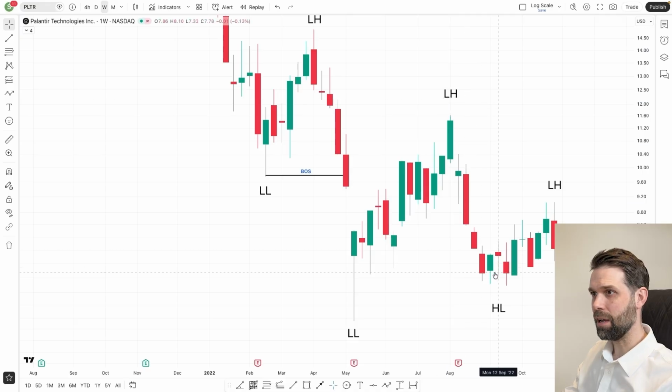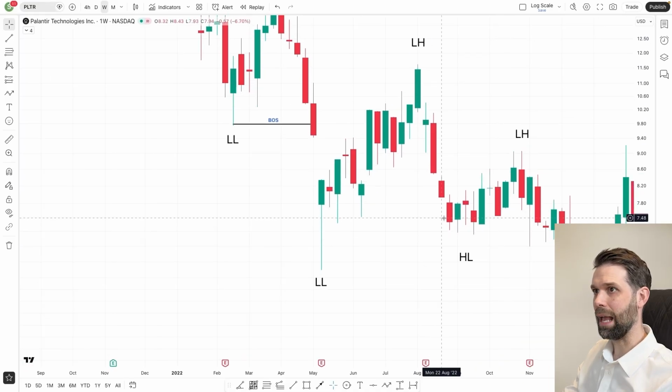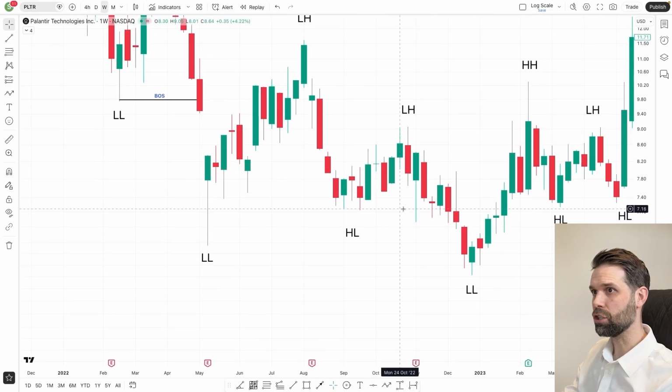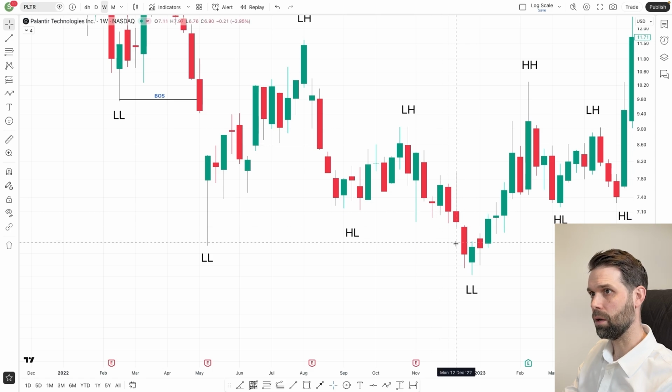And then in this area, we can see we don't make a lower low anymore. These candles in this area do not close below this wick. So that is a higher low. And then we make a lower high. And then here we actually do make a lower low.